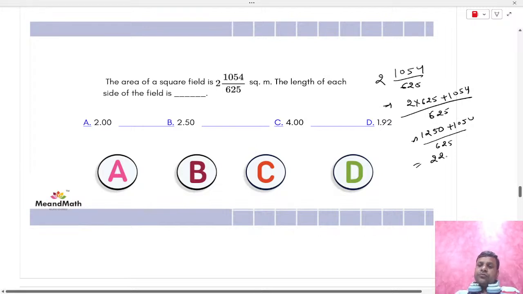2, 2, this is 4, 2304. So it is 2304 divided by 625.